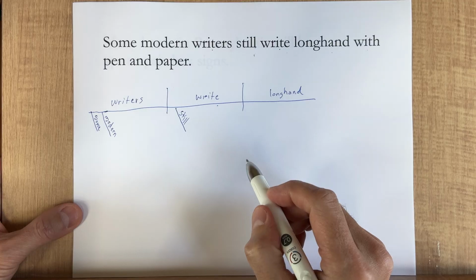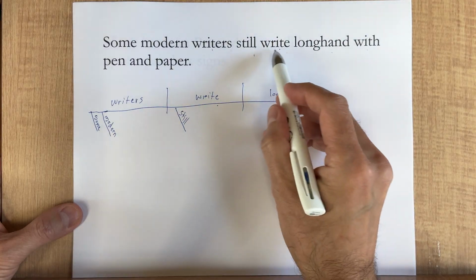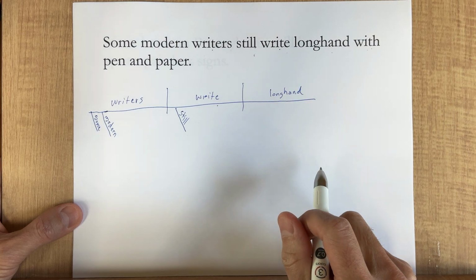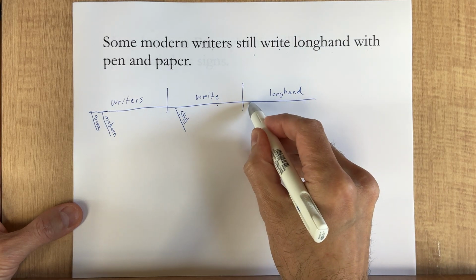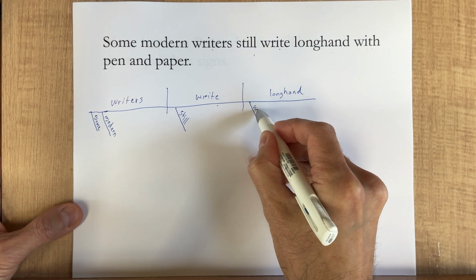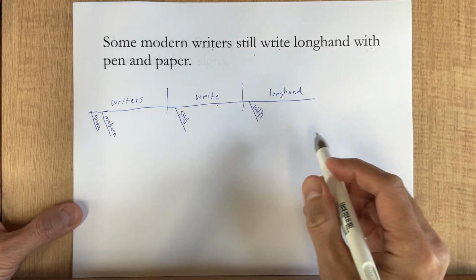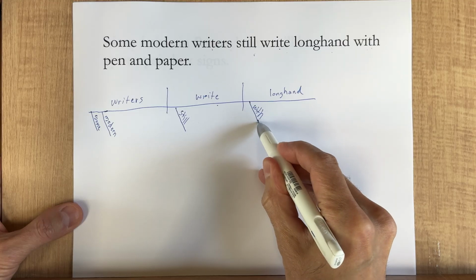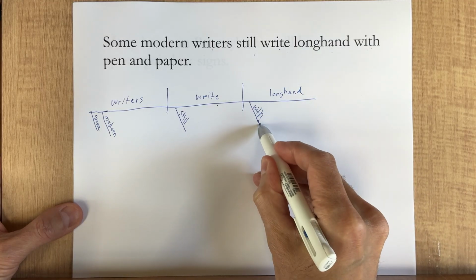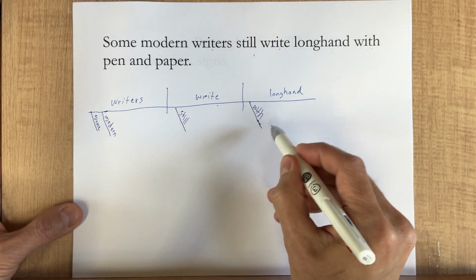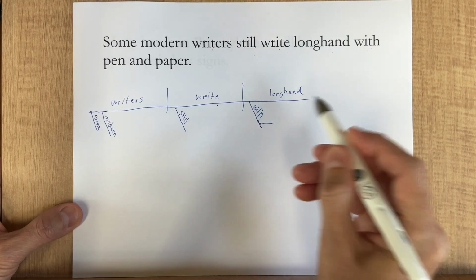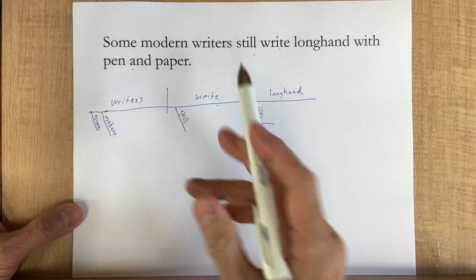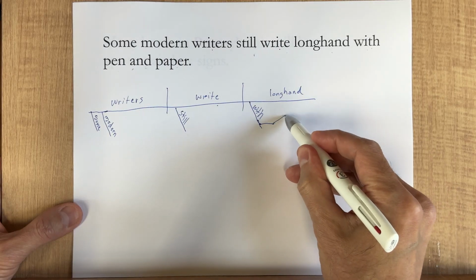And then for longhand, we've got with pen and paper. So we have the preposition with, that would go down here. And then we have these indirect objects. In this case, there's two. We've got pen and paper. We've got a conjunction here to deal with. So we split this off like this.